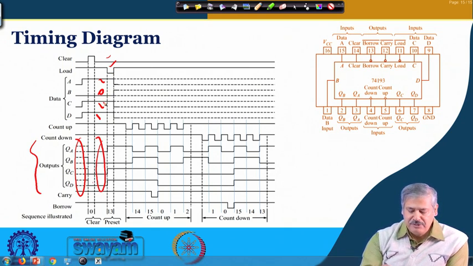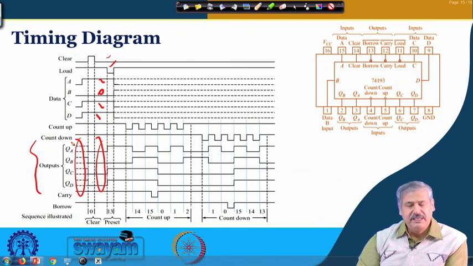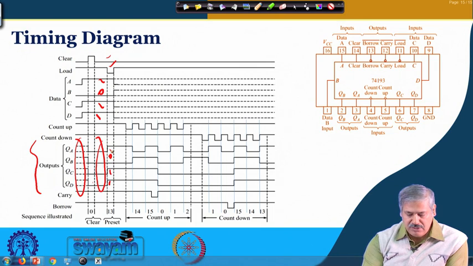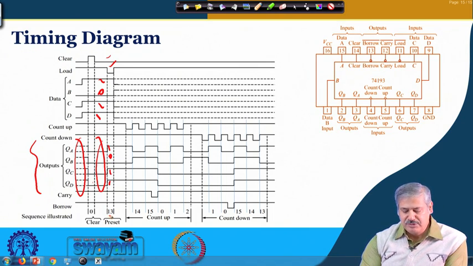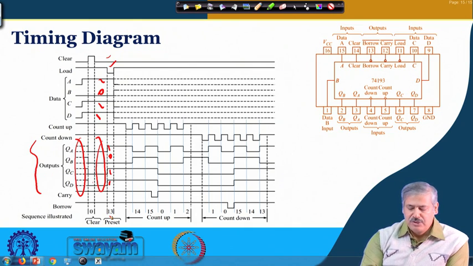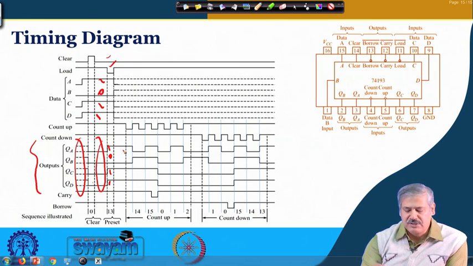Now QD, QC, QB, QA take these values, so they become 1, 1, 0, 1. That is what has been shown here as 13 getting loaded. In these cases the clock was at logic high, so the OR gate output was 0, there is no clocking happening.